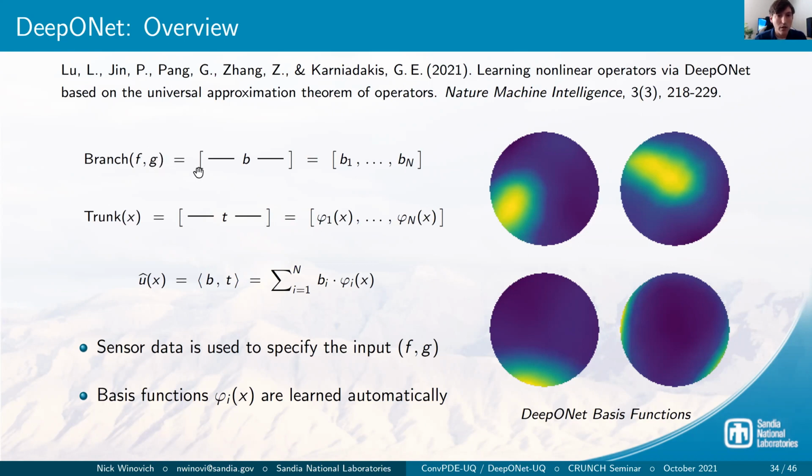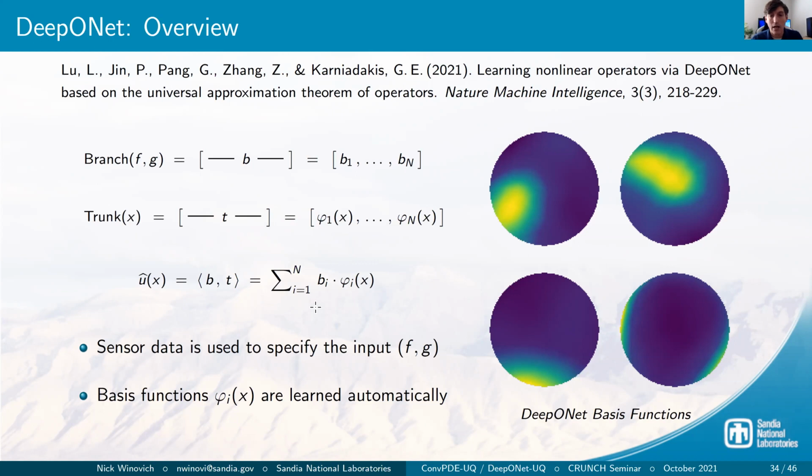One neural network computes weights based on that information, and another neural network, a trunk network, is defined solely on spatial coordinates. Because it's only defined on spatial coordinates, we can think of the components of that output vector as basis functions. That motivates this inner product structure enforced on the DeepONet output.